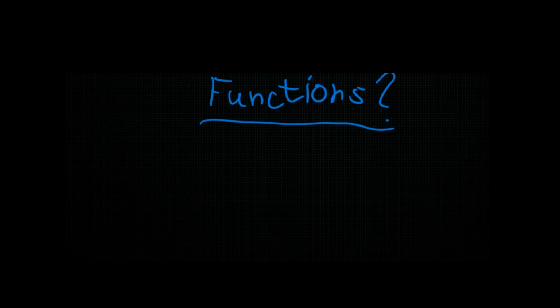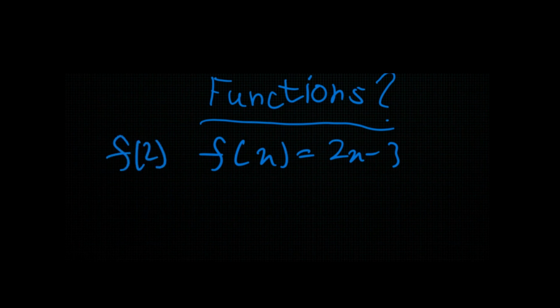For instance, if we have f of x equals 2x minus 3, and we are asked for the output of f of 2, how can I solve it? Okay, we can write 2 in place of x.